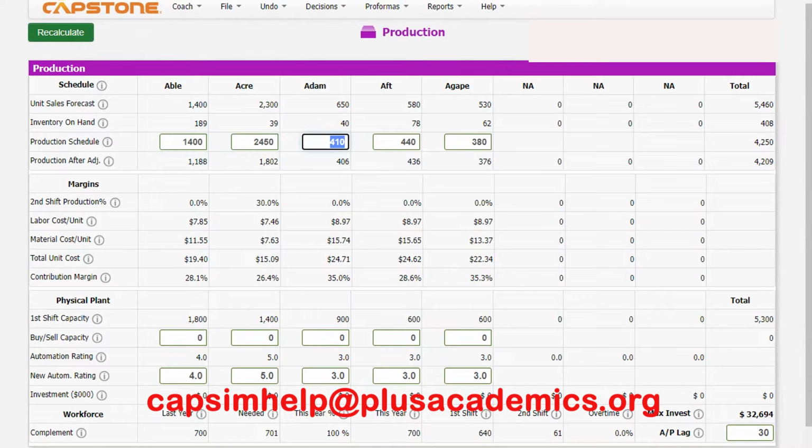Here projected to sell 650. Let's have 700 here. Projected 580, we can have 580 because the inventory will cover for us. Here, 530. We have 62 in inventory. We can have 550 just in case.